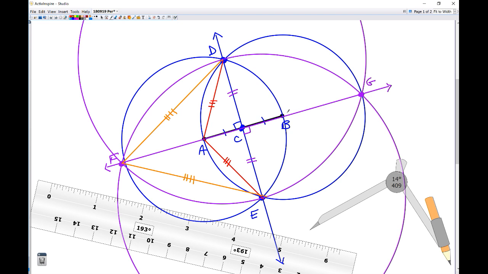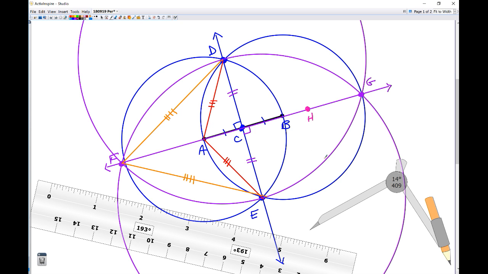Any point along this line is going to be the same distance from D as it is from E. Even if I picked one that wasn't part of our drawing, that didn't have anything to do with these circles and intersections. Watch. I'm just going to pick a point out here, and let's call that point H.